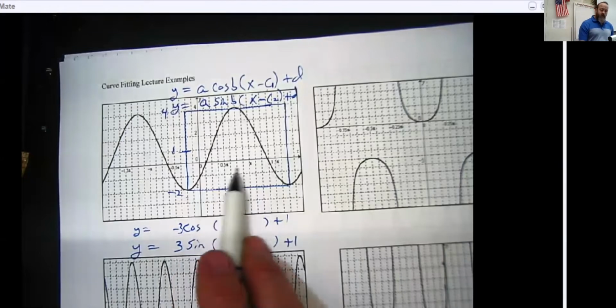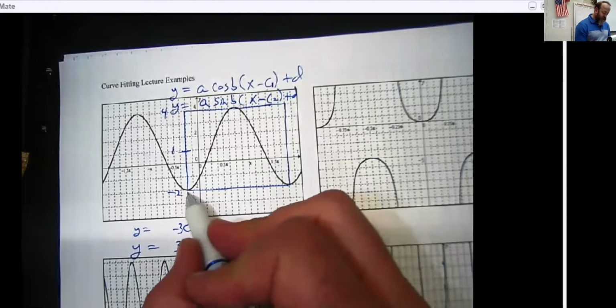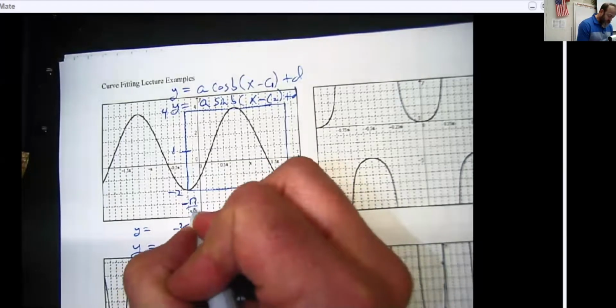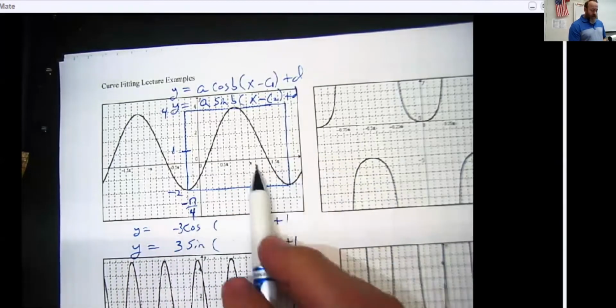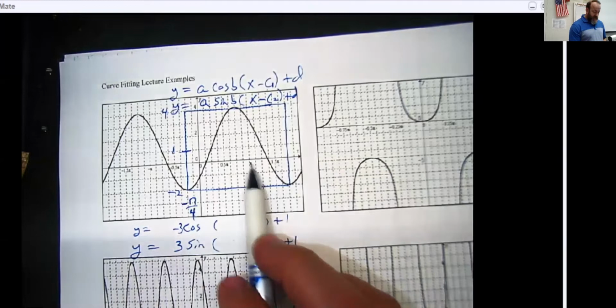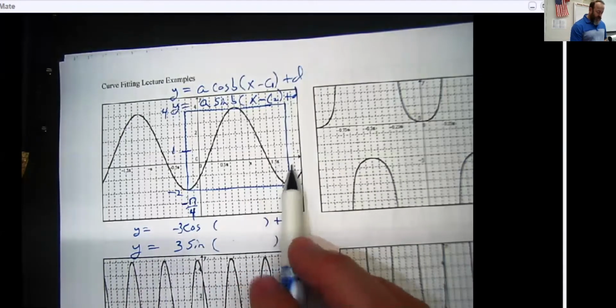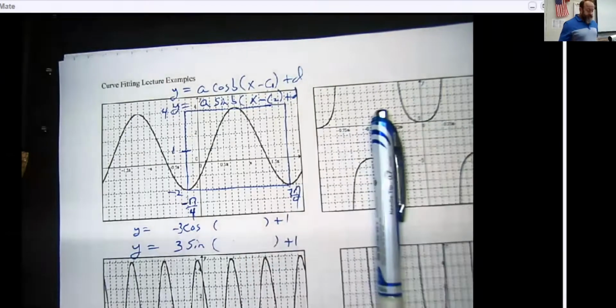So that means each one of these vertical lines represents pi over 8. And if there's 1, 2 back, that would be negative 2 pi over 8 or pi over 4. Now, I don't want to count all the way over here, so I jump to here. This would be 8, 9, 10, 11, 12, 13, 14 pi over 8, or 7 pi over 4.